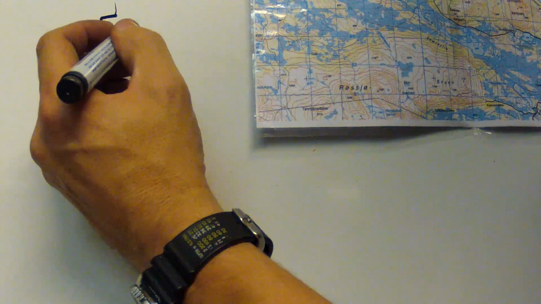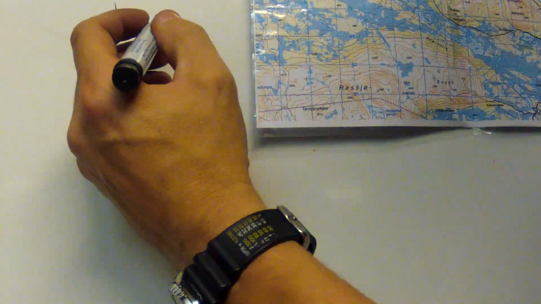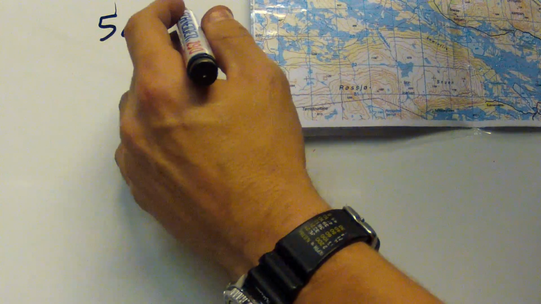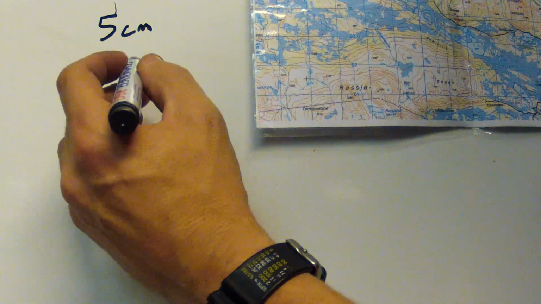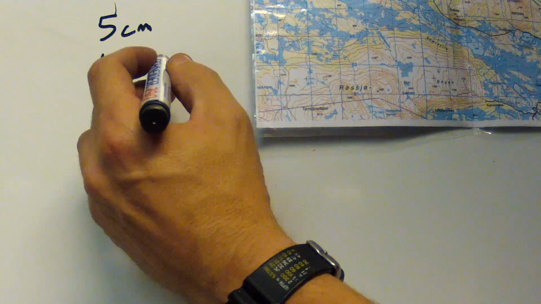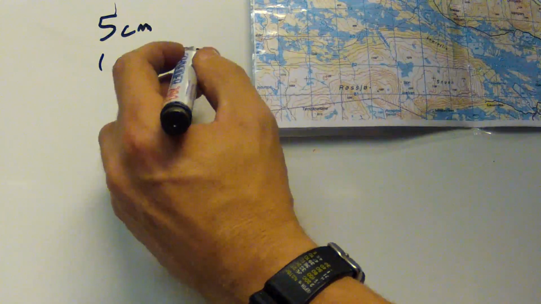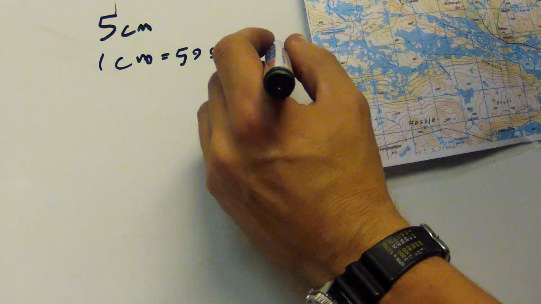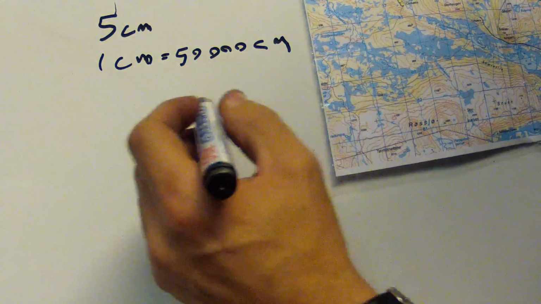5 centimeters on this map is, let's see, 1 centimeter is 50,000 centimeters in real life.